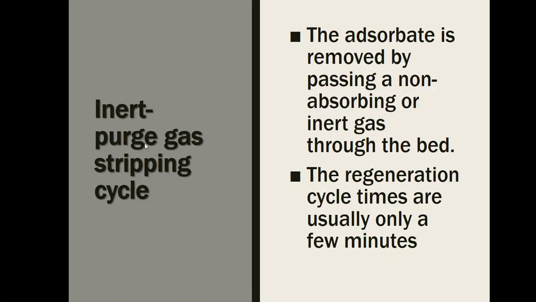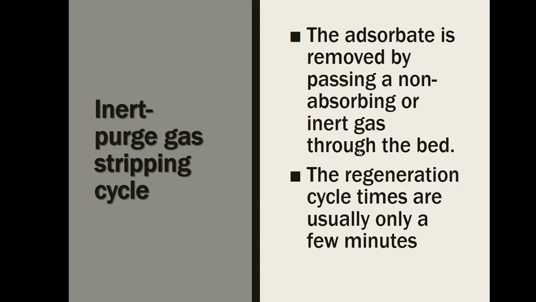In the inert purge gas stripping cycle, the adsorbate is removed by passing a non-adsorbing or inert gas through the bed. The regeneration cycle times are usually only a few minutes. So in this case, we're not increasing the temperature, we're not reducing the pressure at constant temperature, but rather we're using a non-adsorbing or inert gas.